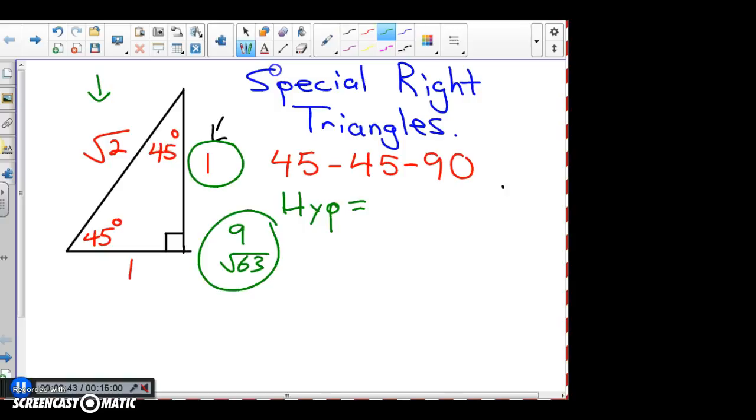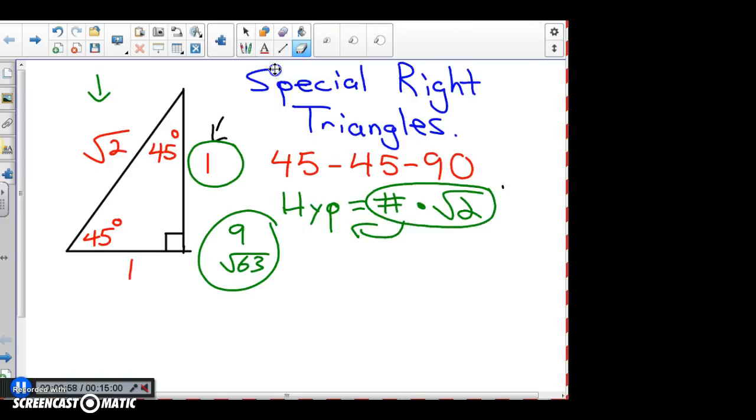So I'm going to take that number, whatever it is, and multiply it by square root 2. That will give me my hypotenuse. Okay, so there's 45-45-90, and we did a foldable for it, and that'll be very helpful. After I get through explaining these two, I'm going to do a few problems. All right?